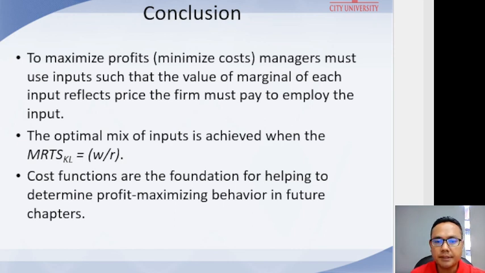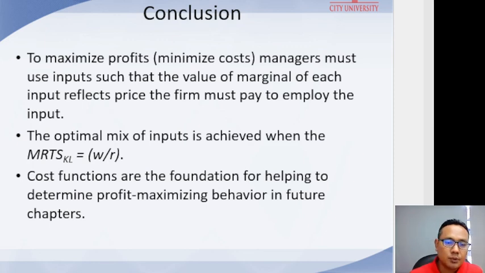So in this chapter we introduced the production and cost functions, which summarize important information about converting inputs into output sold by a firm. For a firm that uses several inputs to produce output, isocost and isoquant provide a convenient way to determine the optimal input mix.